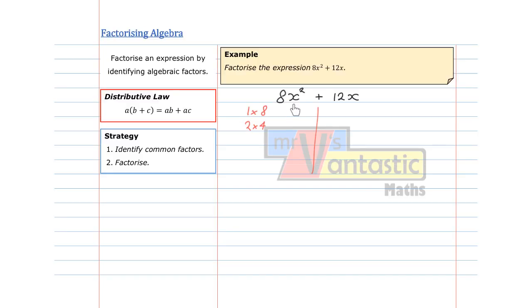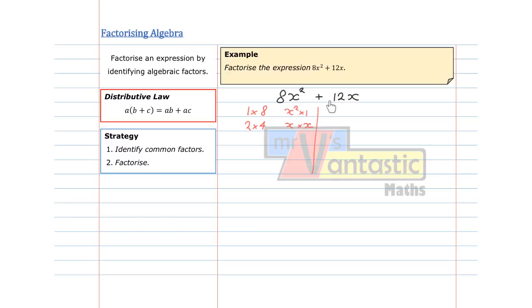Likewise, to make x squared, we've got two options. We can multiply x squared by 1, or we can multiply x by x. So any combination of these numbers and these variable parts will give us 8x squared.